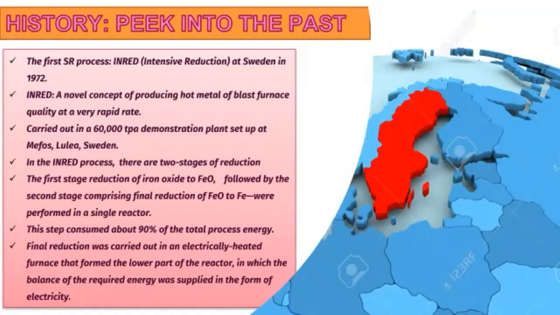It was a two-stage reduction process in which firstly the reduction of iron oxide to FeO takes place, and then in the second stage reduction of FeO to Fe takes place within a single reactor. This step consumed about 90% of the total process energy, and the final reduction was carried out in the electrically heated furnace that forms the lower part of the reactor, which generally supplies the balanced energy in the form of electricity. Next slide, please.